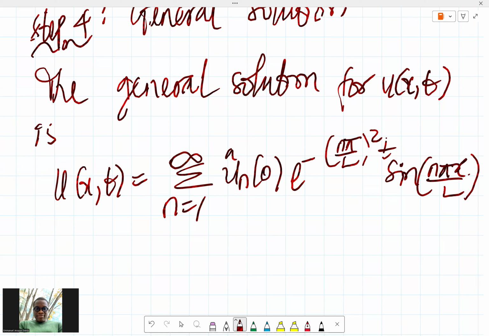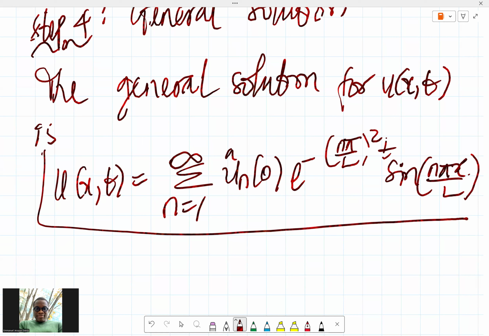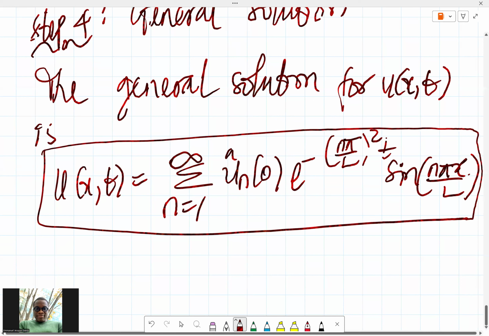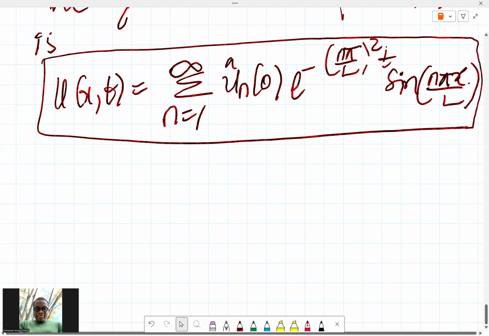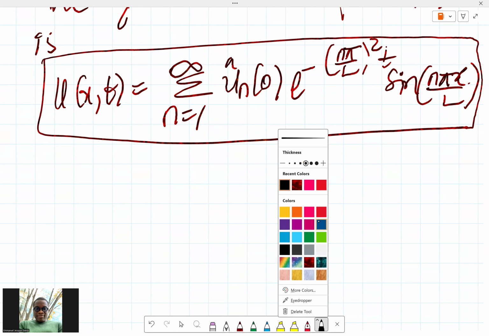So that gives us the general solution to the problem. Okay. So we can then apply the initial condition. I mean, partial differential equations can be quite a lot.